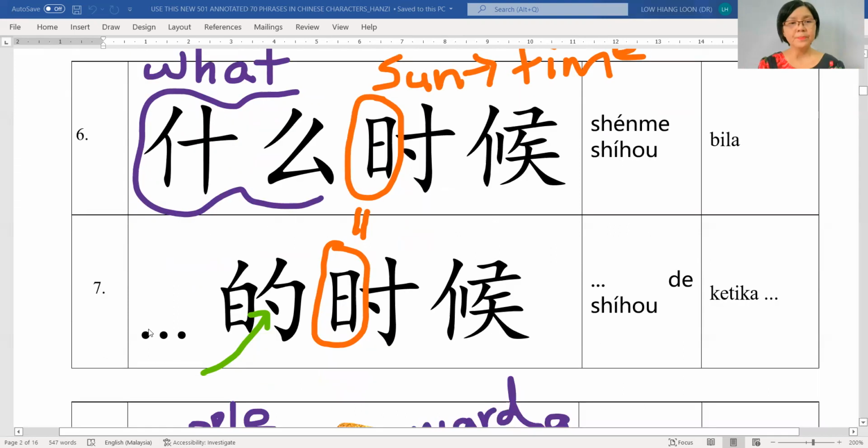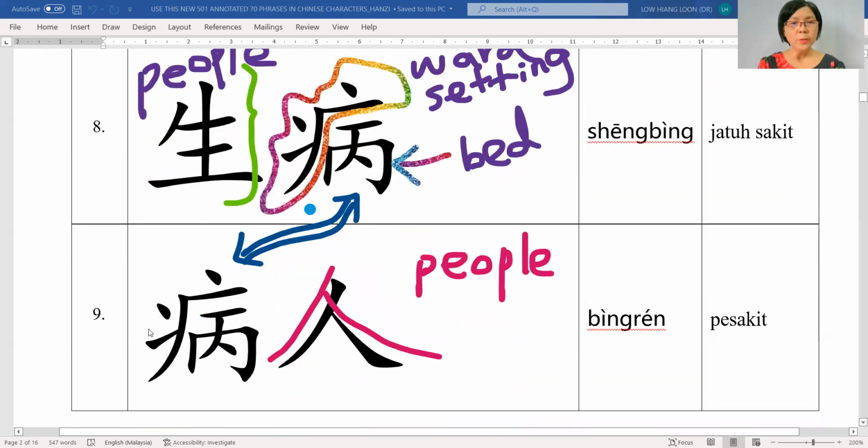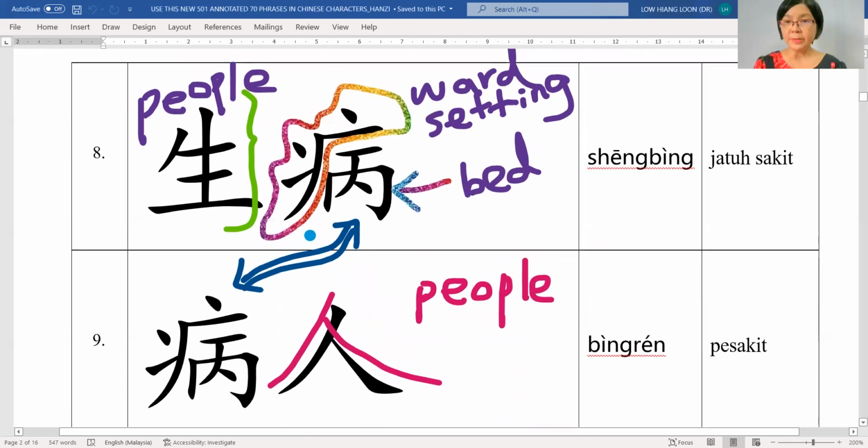好的. Now come to 生病 and 病人. So 生 you learned in level 1. It looks like somebody or a person who is standing. So these people, what happened to him or her? He falls sick. How do you know that he falls sick?